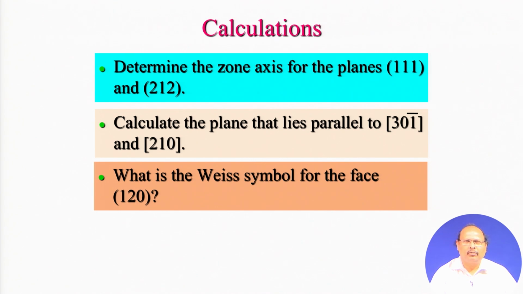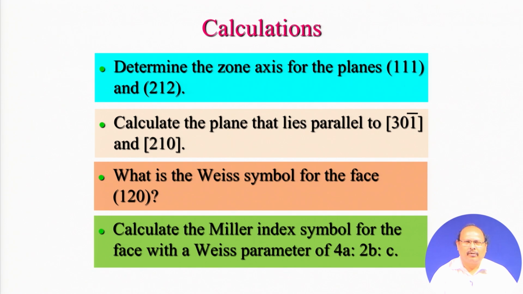You can also calculate the Weiss symbol for a phase which has Miller index of 1 2 0, and we also calculate the Miller index symbol for a phase with the Weiss parameter 4a, 2b, 1c. So, these are 4 simple calculations that you can practice here.